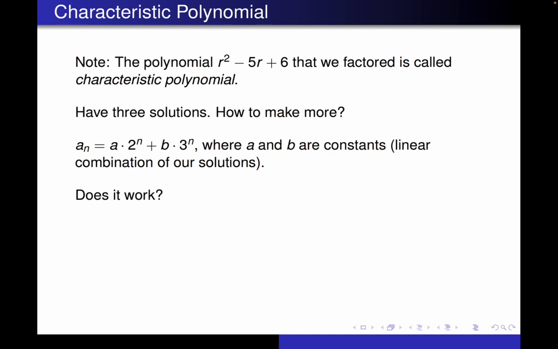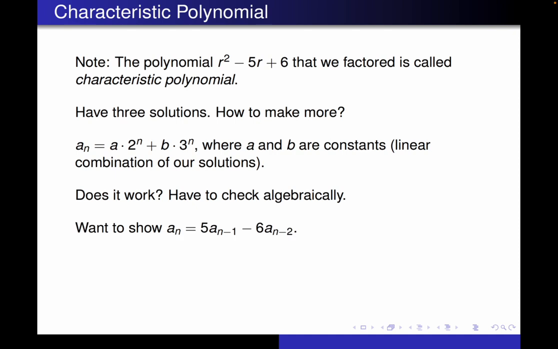So the question is, if we do that, does it work? In other words, is that a_n going to give us solutions to our original recursive equation? Well, we have to check it algebraically, just like in that one a few videos back. So we want to show that a_n is equal to 5a_(n-1) minus 6a_(n-2), or at least figure out when that's true. So let's see.